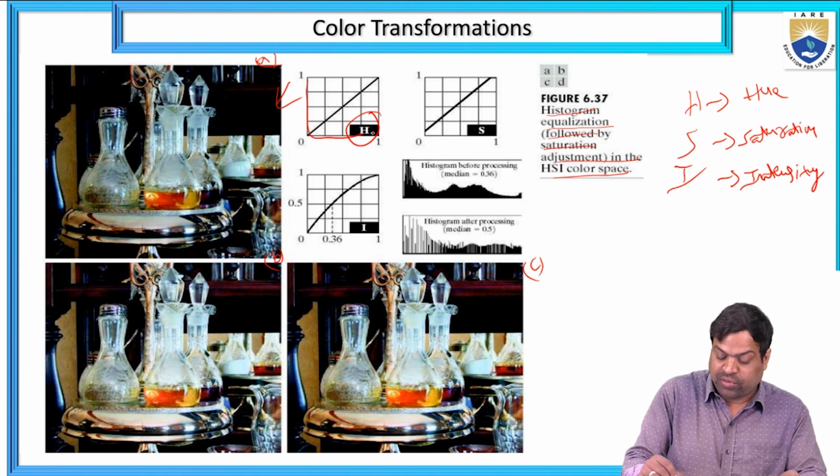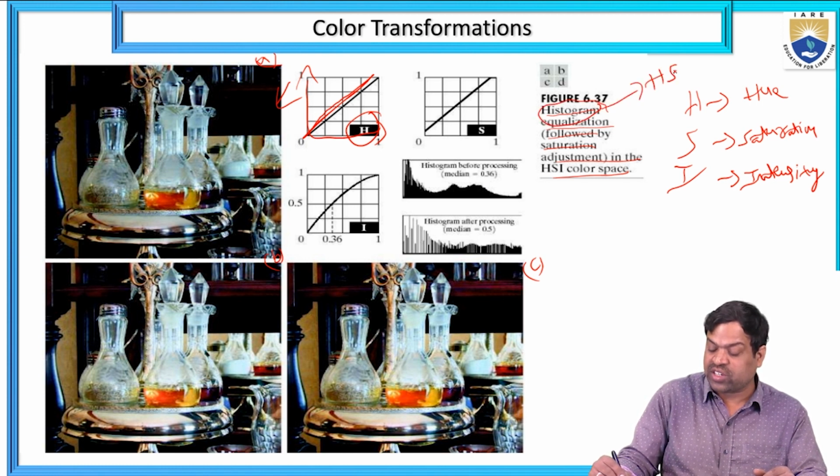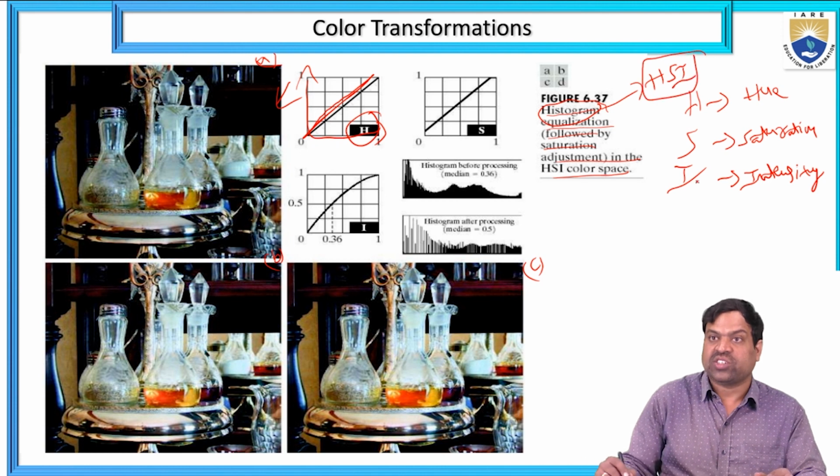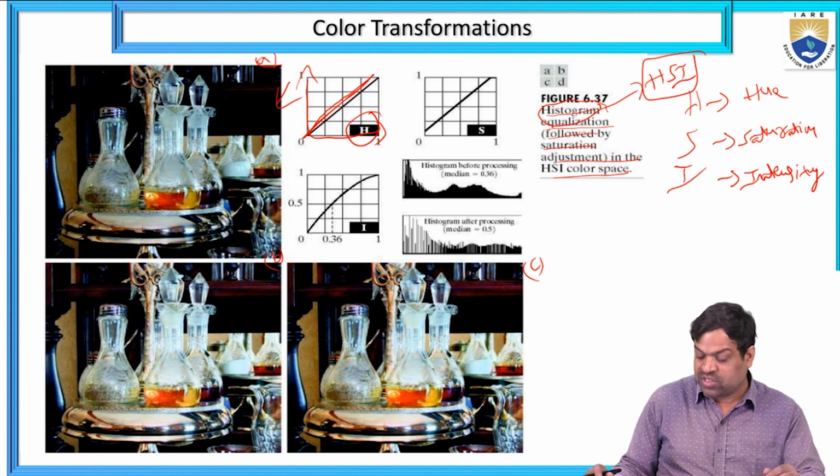It is a graph with x-axis and y-axis, and the values are like this. When I applied the hue to the input image, what is happening? What is my aim? My aim is to apply the HSI to the original image. So the histogram transformation technique is nothing but HSI. Here I am applying it.